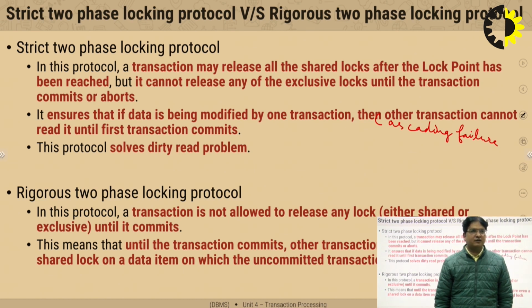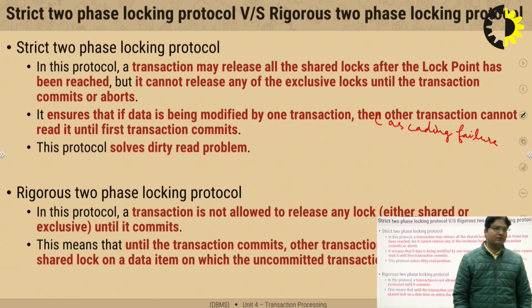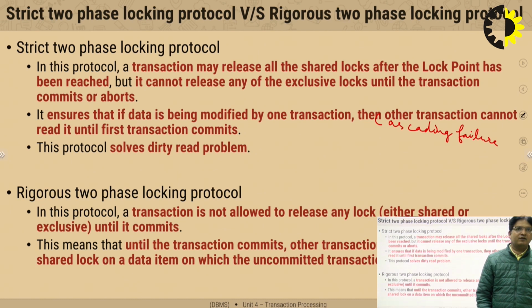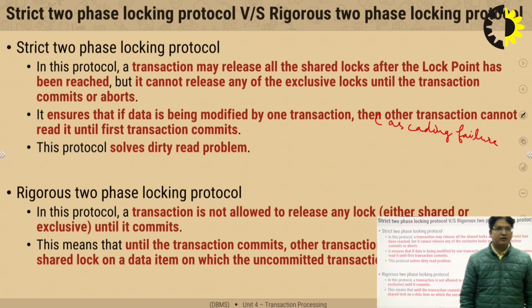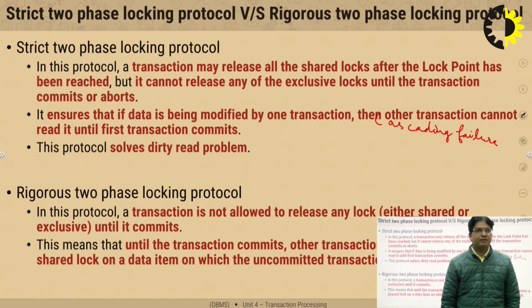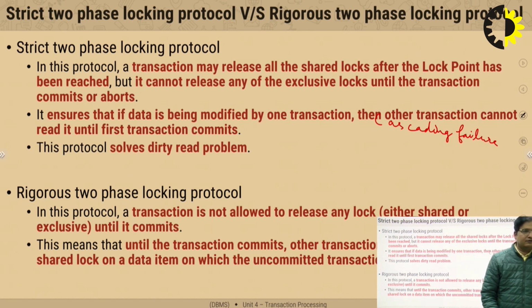An important disadvantage arising because of these protocols is that we are lowering the degree of concurrency, thereby reducing the CPU utilization. So we must have some trade-off, either higher concurrency or lower concurrency. We need to keep all these things in mind while dealing with these situations.